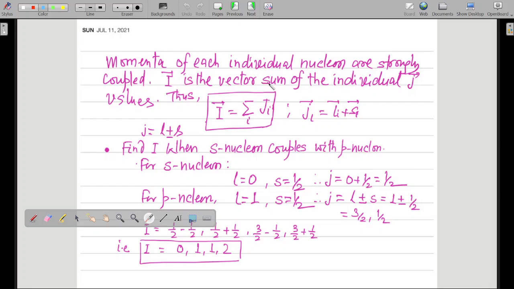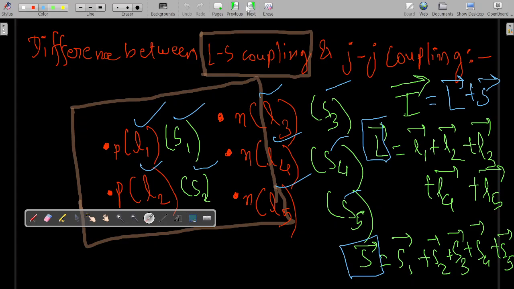I is the vector sum of individual j values, that is, I vector equals the summation of ji. Let us understand the meaning of this, and you will understand it better. Suppose we have again the same system, consisting of 2 protons and 3 neutrons.